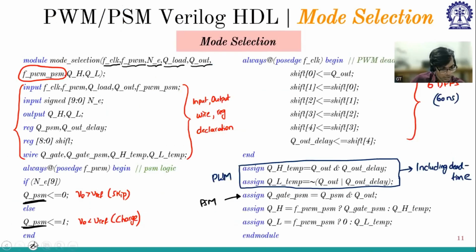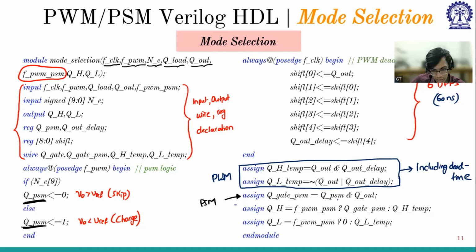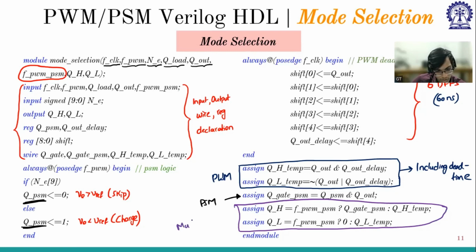So these two lines are the multimode. This is for the multimode operation. Depending upon whether my FPWM PSM is 1 or 0, it will be decided whether I should give the PSM gate signal or the PWM gate signal.